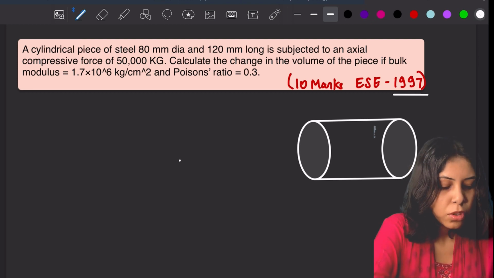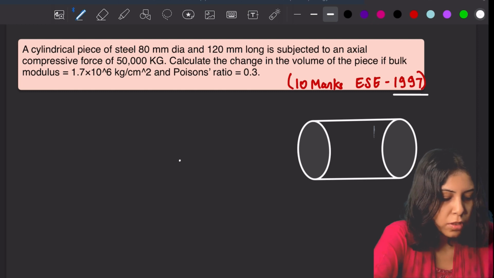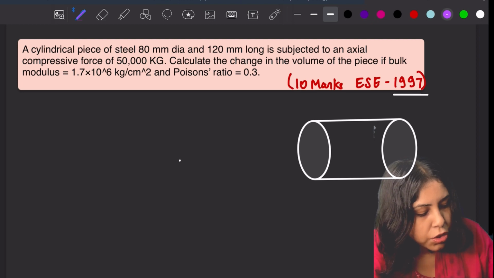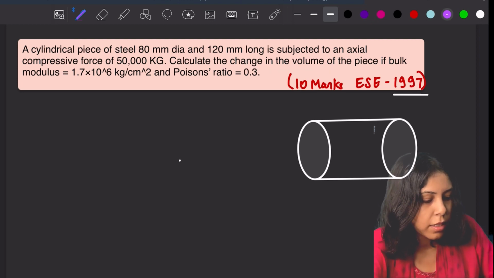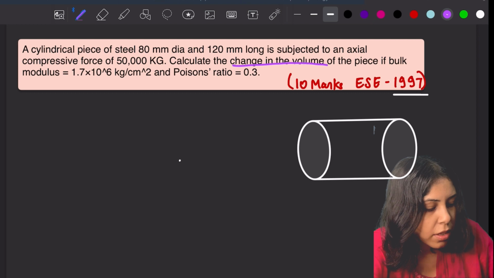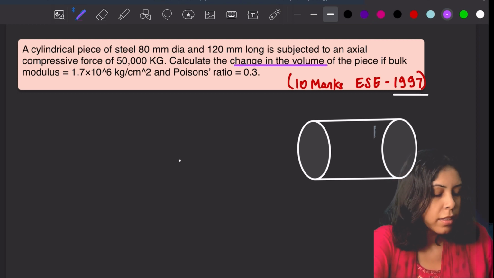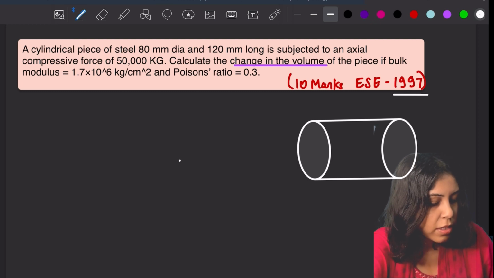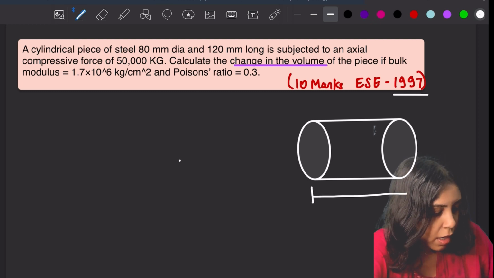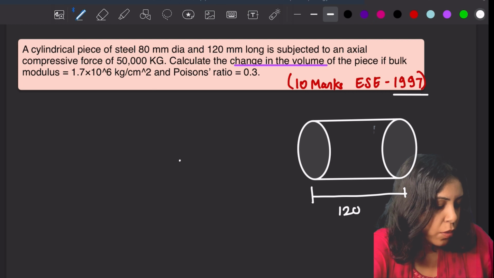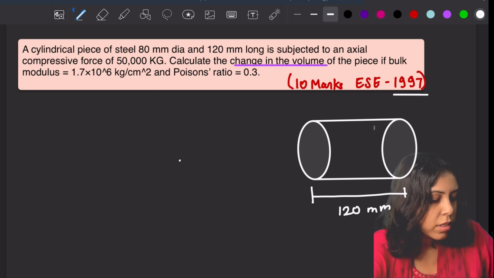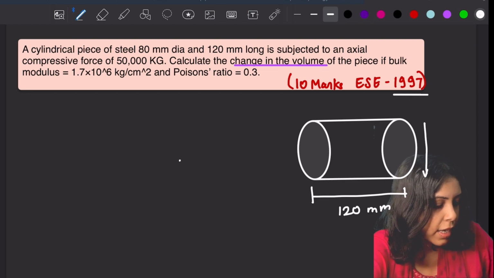So, let's see what they are asking us to get. They are asking us to calculate the change in the volume. Here I have drawn a piece of steel which has 120 mm length and a diameter of exactly 80 mm.